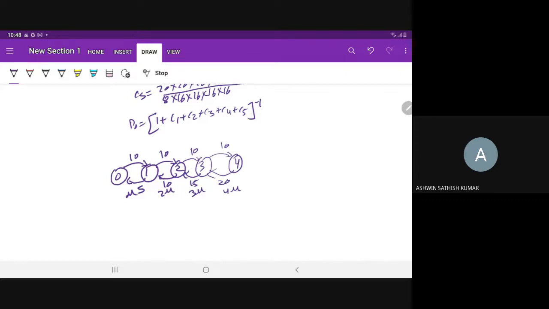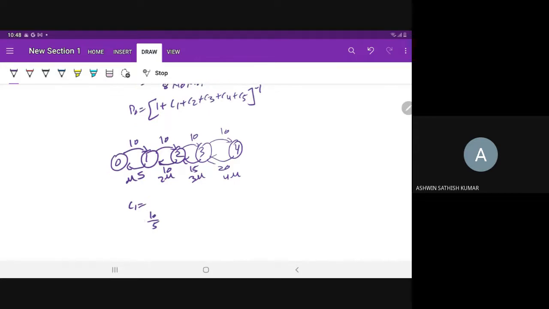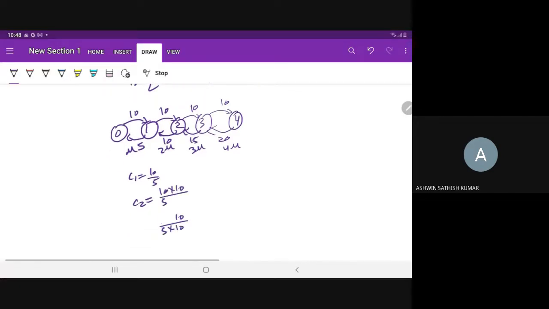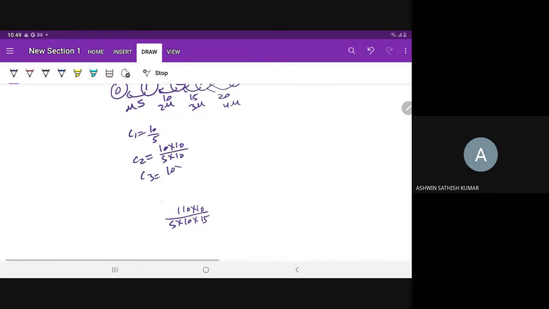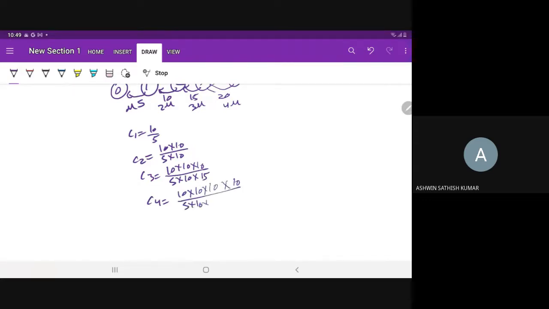So from here, C1 will be 10 upon 5, C2 will be 10 into 10 upon 5 into 10, C3 is equal to 10 into 10 into 10 upon 5 into 10 into 15, and C4 is equal to 10 into 10 into 10 into 10 upon 5 into 10 into 15 into 20.